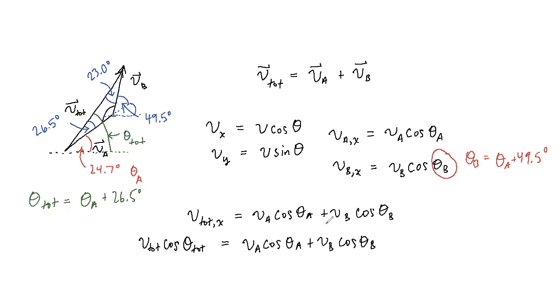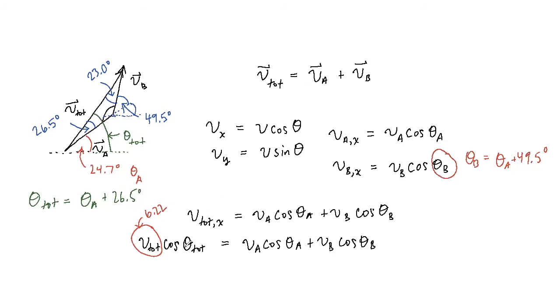Okay, so now if we look at it, V total is given as 6.22. They don't give any units, but it's just the number 6.22.